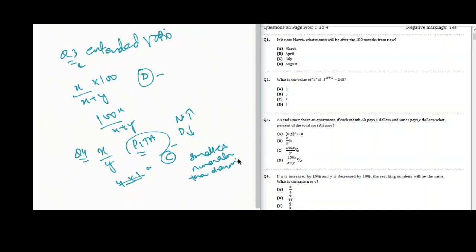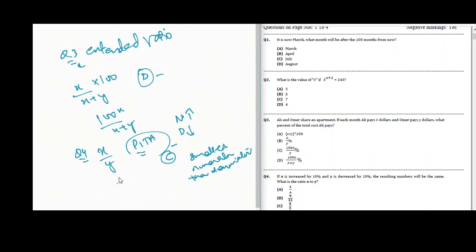That's the key. So how many of these have a smaller numerator? There are the first two options. So one of them might be correct, one of them might be wrong.